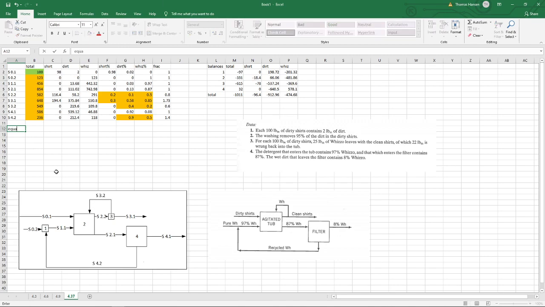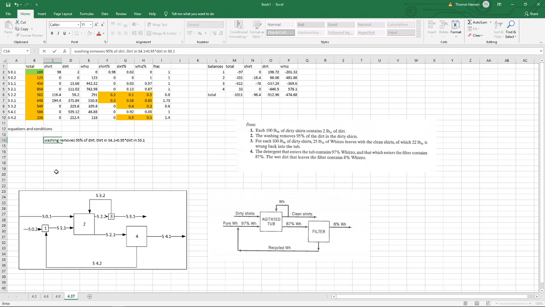We have our equations and conditions. So, what are we being told? We are being told for the second point that washing removes 95% of dirt. What does that mean for our system? That means that the amount of dirt in stream 4.1 is equal to 95% of the dirt in stream 0.1.